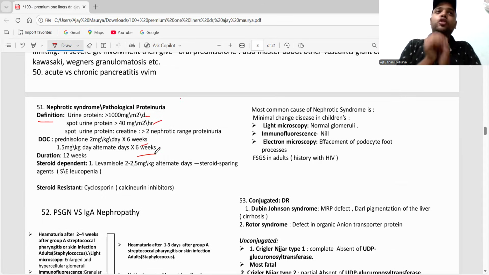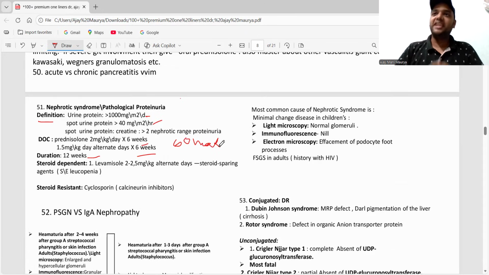Then the total duration is 12 weeks. First 2 mg/kg/day, then 1.5 on alternate days. What is the maximum dose per day? Maximum is 60.